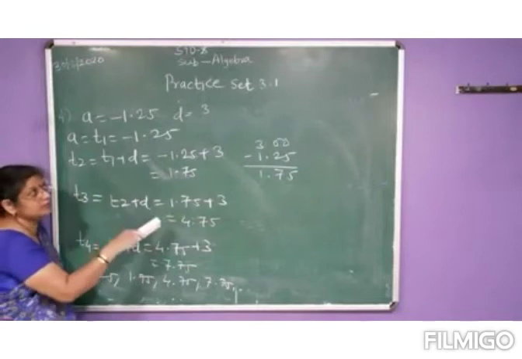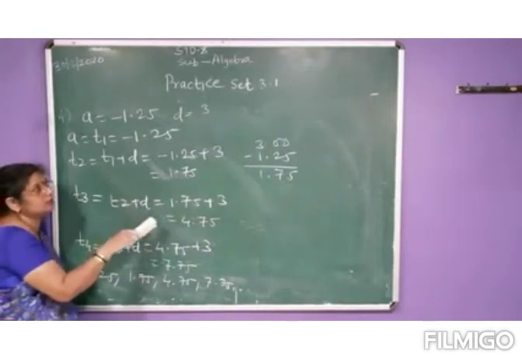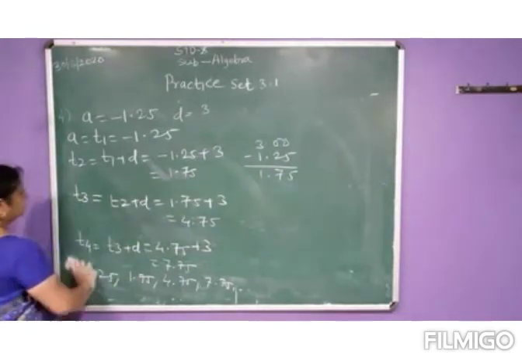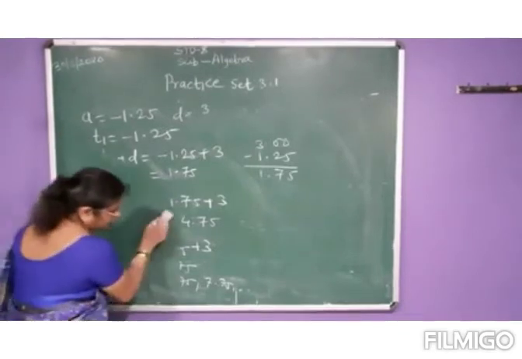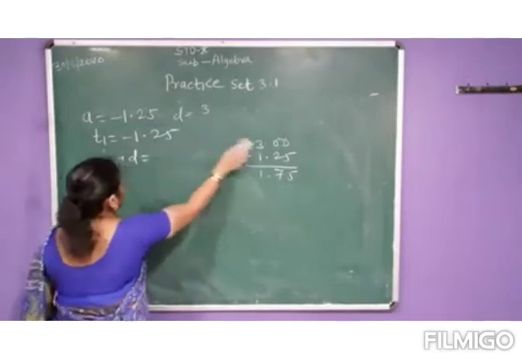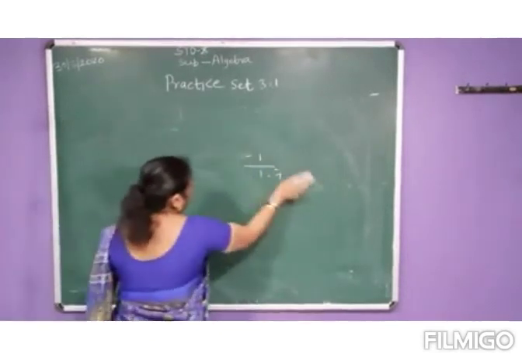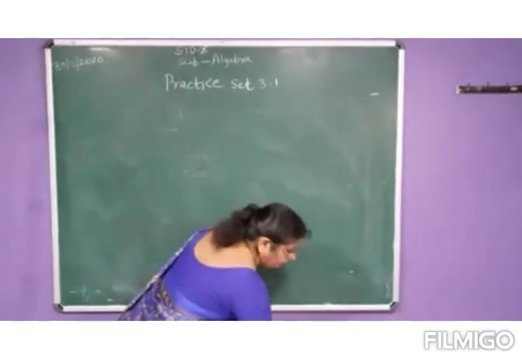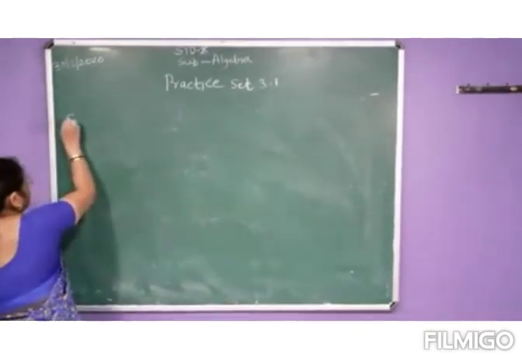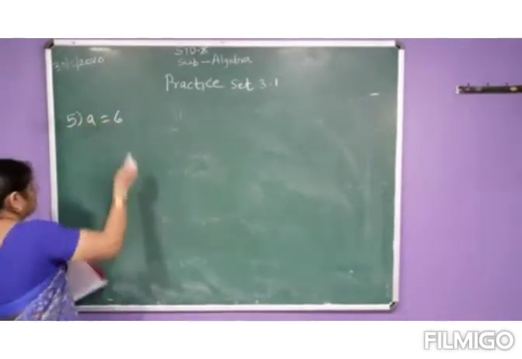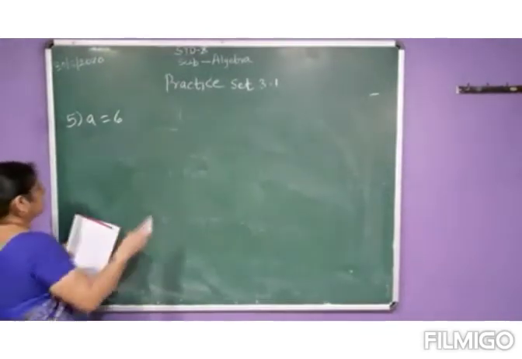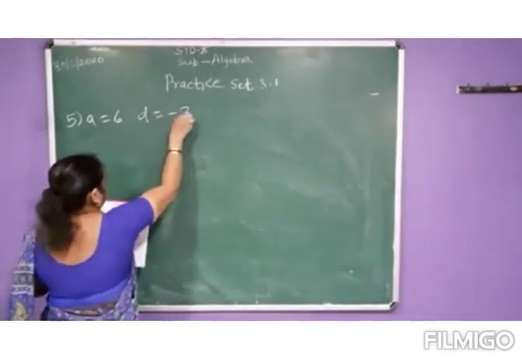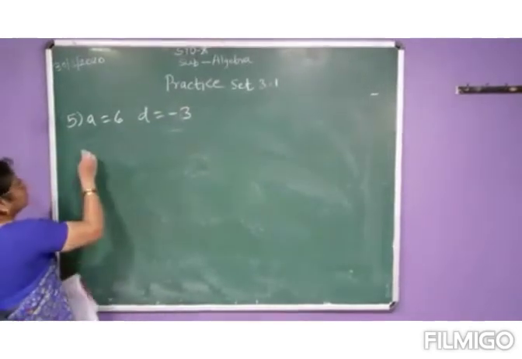But in an easy question, when you are solving this, be careful, because when it is in decimals, sometimes mistakes occur. Now the fifth one is a is equal to 6 and d is equal to minus 3. This is very simple.